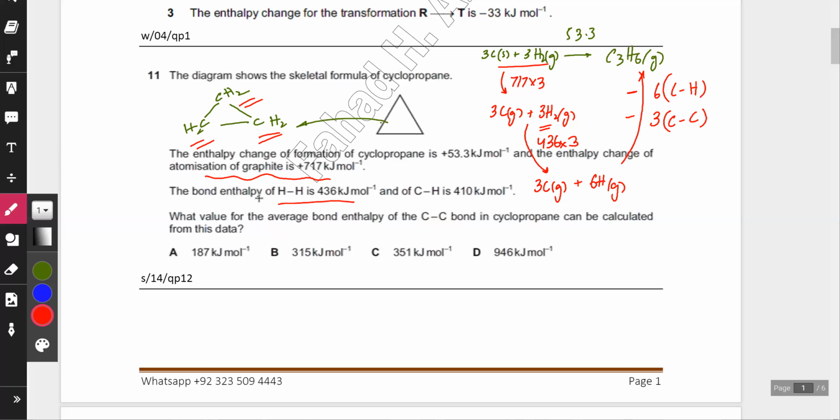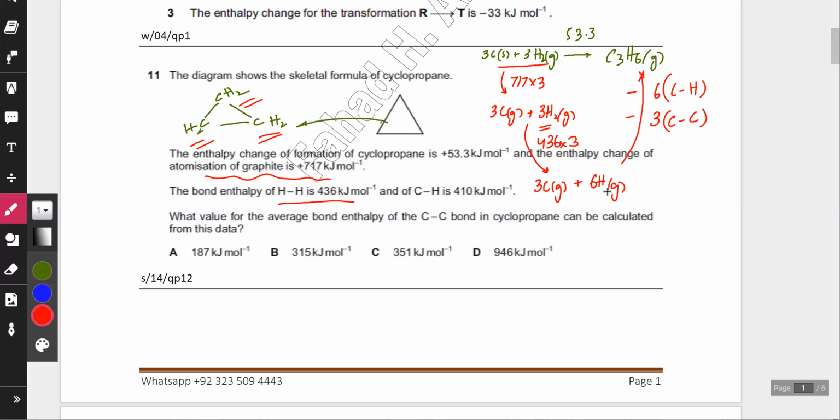Okay, so Amal, I'm going to repeat this. He started off by giving us the enthalpy change of formation of C3H6 from its elements, and we got 53.3. That was given over here. And then he's talking about the enthalpy of atomization of graphite, which is that carbon solid changing into carbon gas. And that we figured out would be 717 into 3 because you have 3 carbons. Then the HH bond was broken, so 436 into 3.